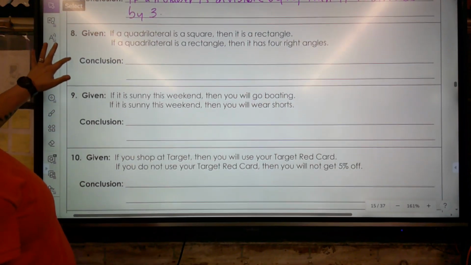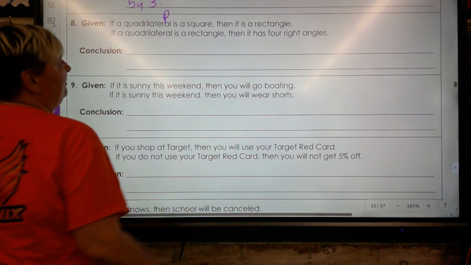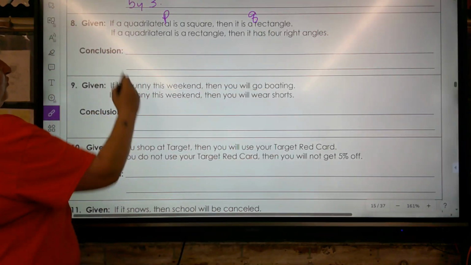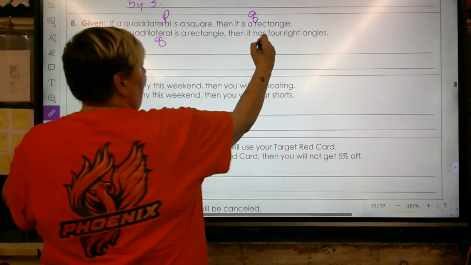Let's do 8. If a quadrilateral is a square, then it is a rectangle. If a quadrilateral is a rectangle, then it has 4 right angles.